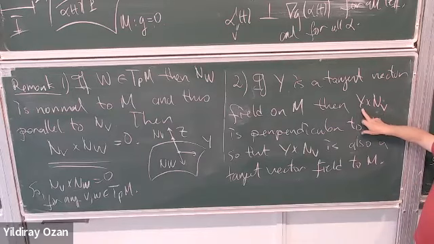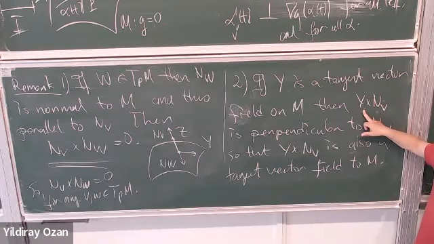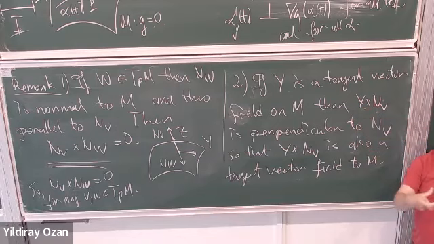And the nice thing about this is it is also perpendicular to Y. Therefore, this vector field is not only a tangent vector field, but it is perpendicular to the original vector field, so that Y and Y cross NV form an orthogonal basis at each point.